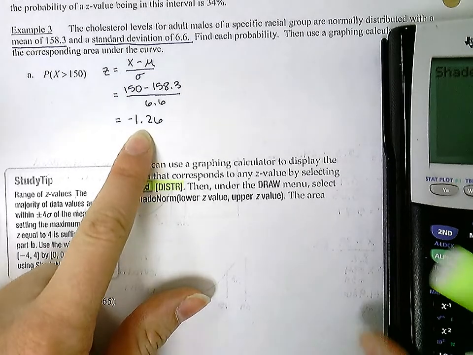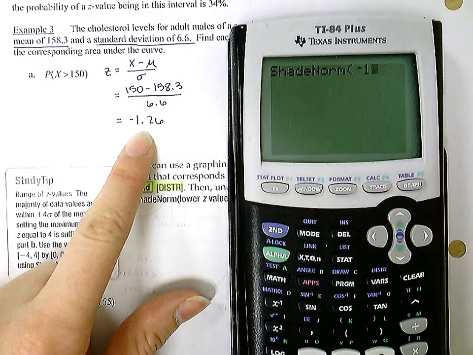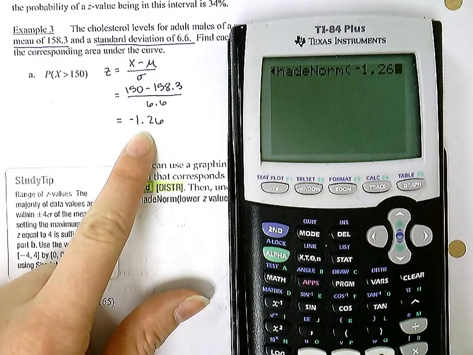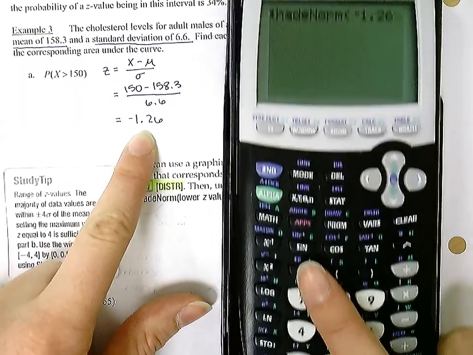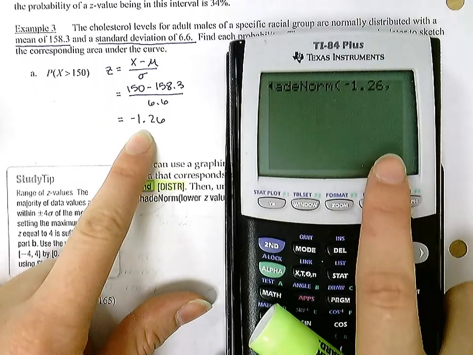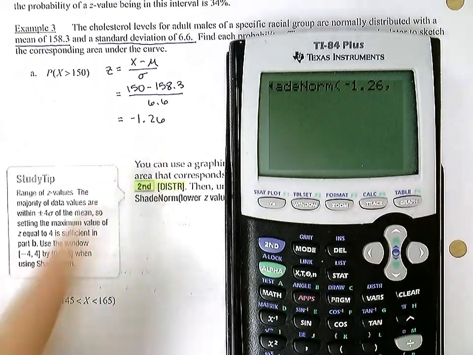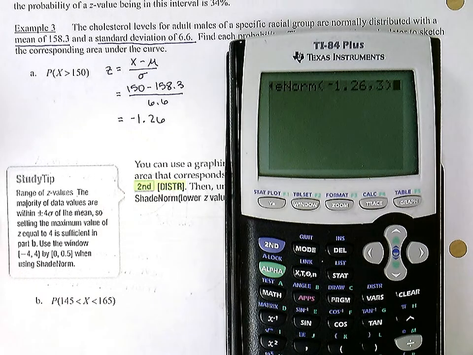So I'm going to enter negative 1.26. Press your comma button. Okay, that's this one right here. Press your comma button. Okay, and then our upper bound is always going to be 3. So to 3. End your parenthesis.